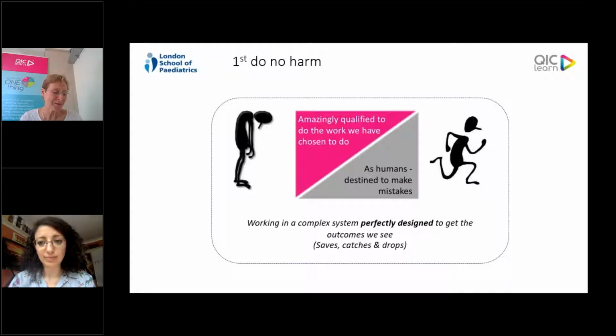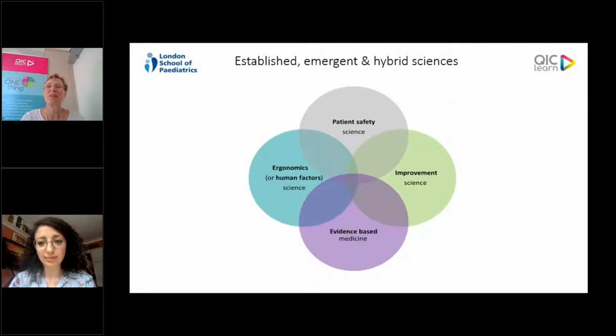So I'm going to talk a bit about some of those strategies now. I'm going to start off with a look at four of the sciences that we can draw on. Evidence-based medicine, ergonomics, improvement science, and of course, patient safety science. So I'd like to hear from you actually, as our first go at using the chat.